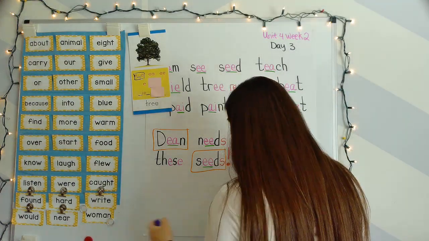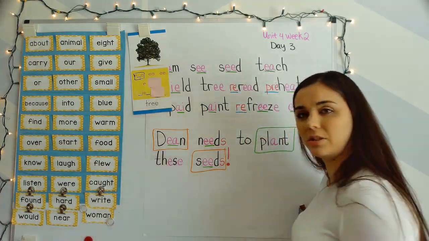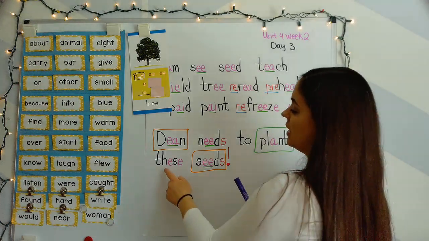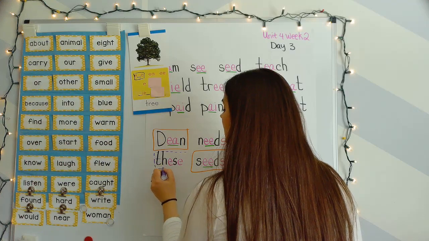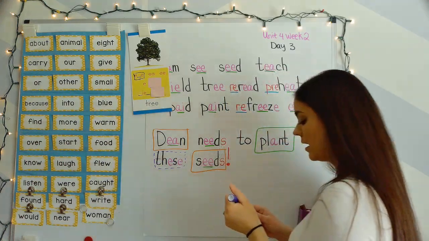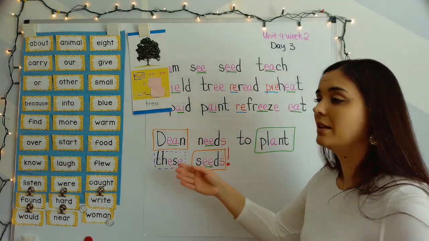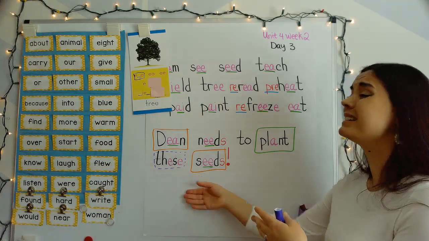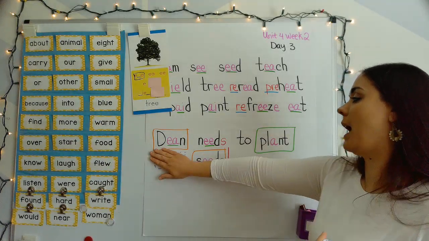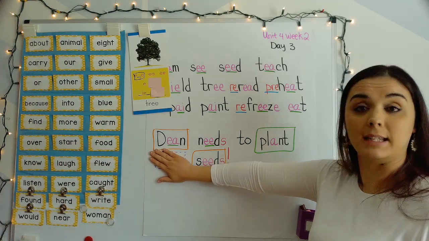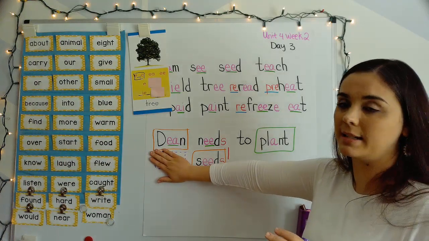Now, we do have an adjective. This word, these, put it in a dotted box. So, these is a word that's kind of describing the seeds, okay? Because you could have, Dean needs to plant seeds, and that would also be a correct sentence.